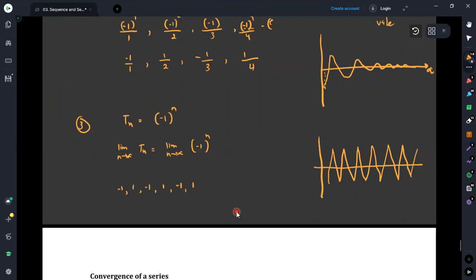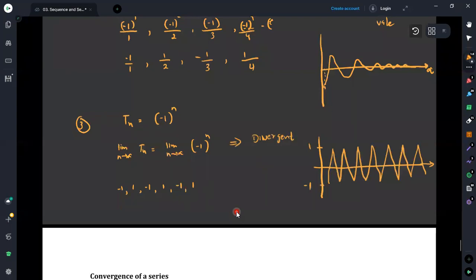Even though n goes to infinity, it will remain with the same pattern. It only goes from plus 1 to minus 1, with no sense of going to 0. Therefore we can say that this sequence is a divergent sequence.